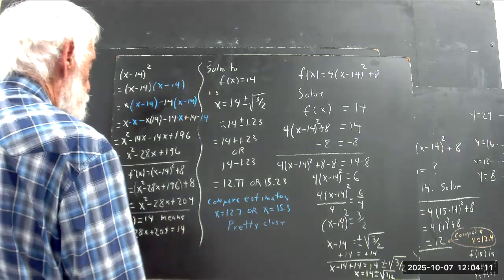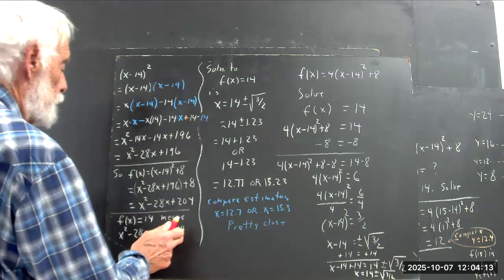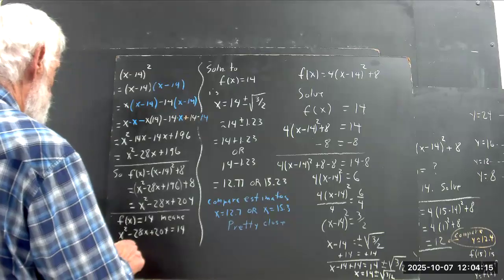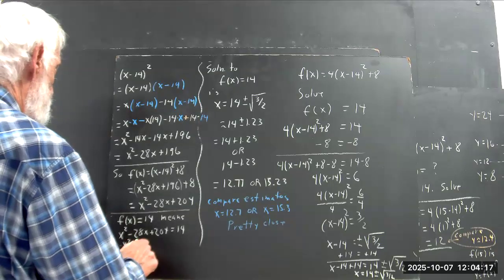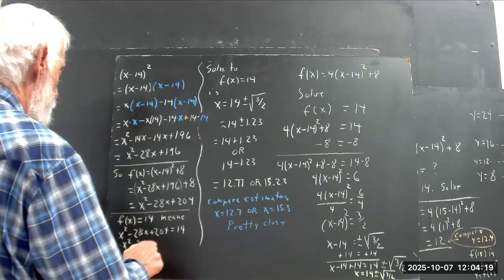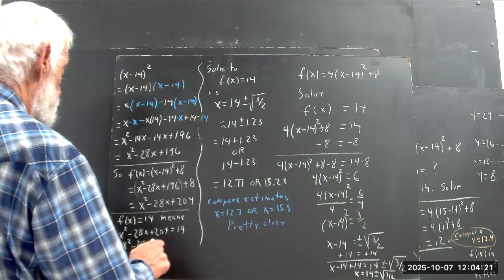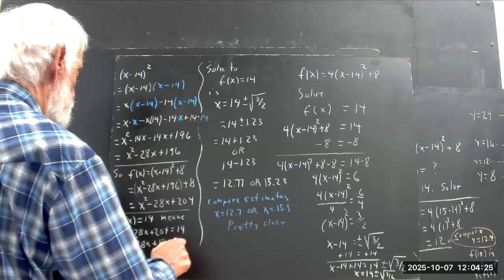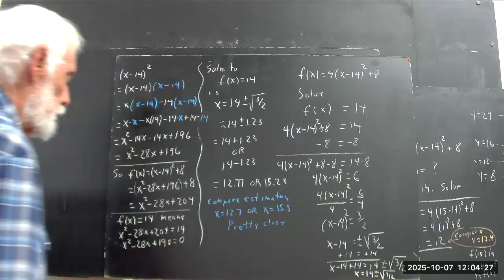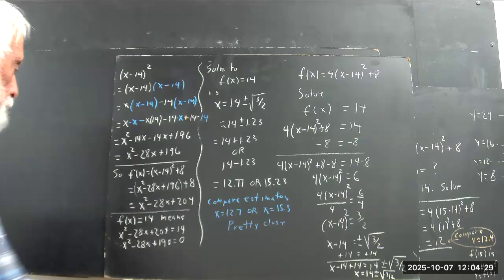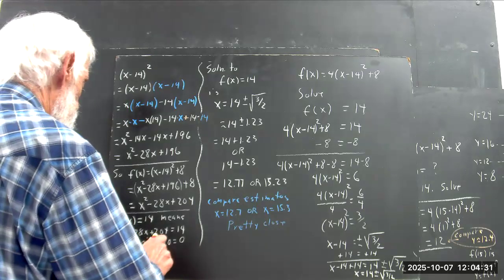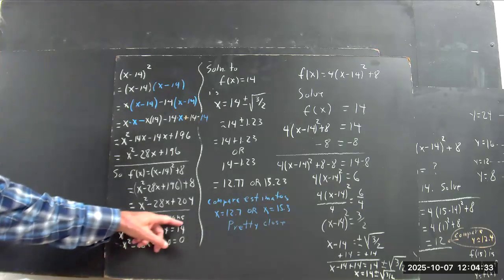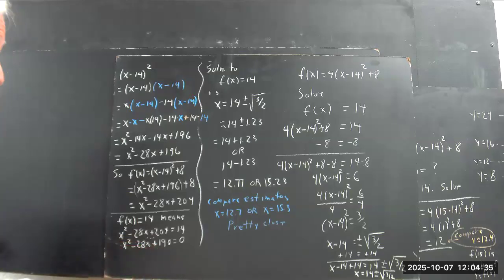We want to use the quadratic formula, but to use the quadratic formula, we've got to have 0 over here. We get x squared minus 28x plus 190 equals 0. Now, I'm going to put 3 dots here. You subtract 14 from both sides to get this.